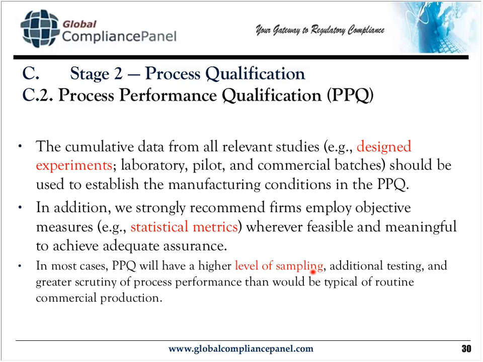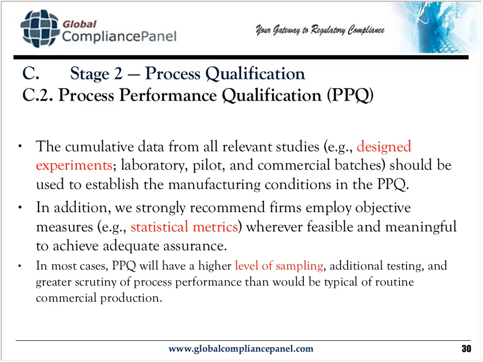And one of the things that you need to look at here is to tell your statistician that perhaps you want to run your PPQ studies at a 99% confidence level, even though you may know that in your actual manufacturing or your commercial runs, you're only going to do 95%.